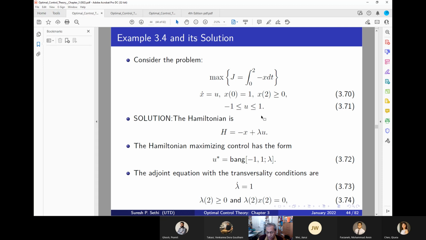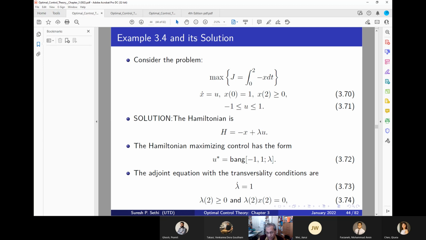Lambda increases from negative to positive. At some point it will be 0, a singular point at which we can do whatever we want at that one point, and then the control switches from minus 1 to plus 1. So that's the insight we get already from these conditions.